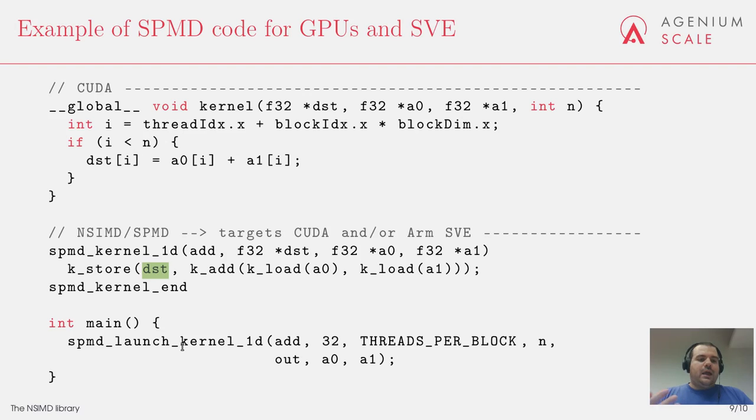And I put the main function so that you can see how to call this kernel. It is this line. And you find all the parameters that you have when you launch a standard CUDA kernel. As I said, this C++ DSL allows NSIMD to target both CPUs and GPUs with performance.